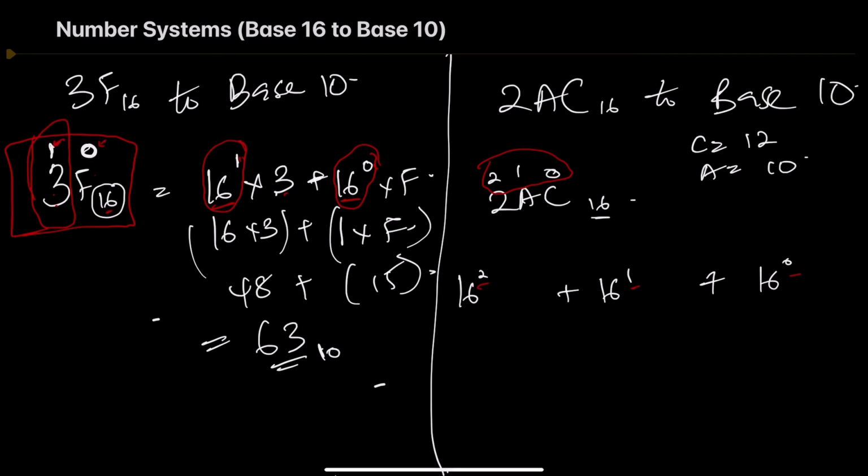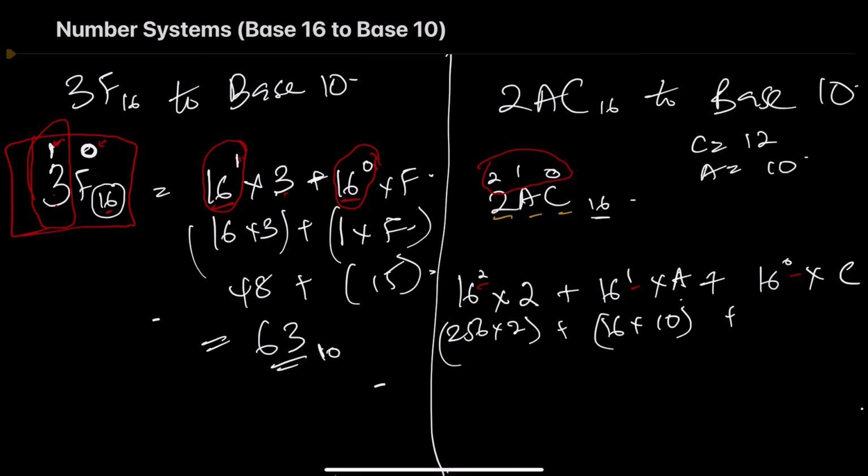And then we can now multiply by the individual digits here, so times 2, times A, times C. Now 16 raised to the power 2 is 256, and this is 256 times 2, and then we put it in a bracket, and then this is 16 times A. A is 10, so it's 16 times 10, and then 16 raised to the power 0 is 1, times C, which is 12.